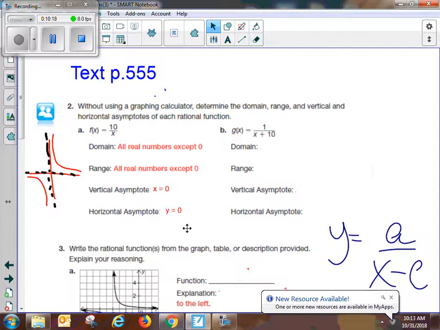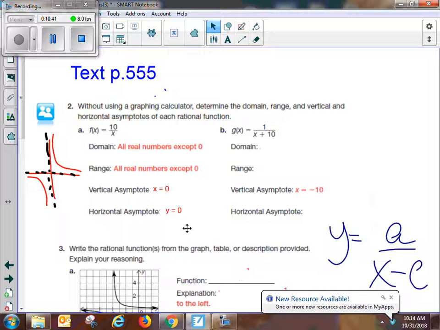Now, I am taking my parent graph, 1 over x, and that plus 10 on the bottom is telling me how to move my vertical asymptote. If I take quantity x plus 10, set it equal to 0, and solve for x, what do I get? You just gave me my new vertical asymptote.